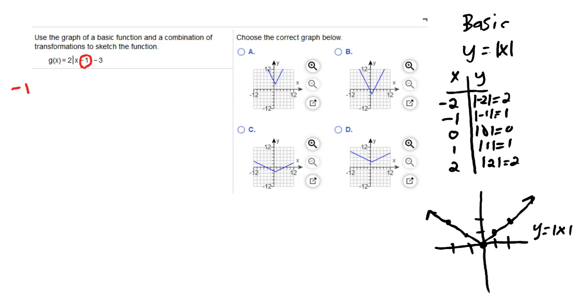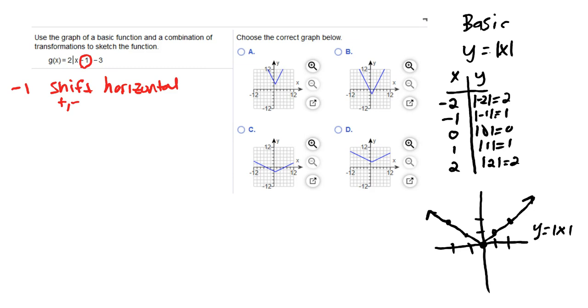Okay, the -1 is, first of all, a shift. I know it's a shift because it has adding and subtracting. Shifting happens when you have adding or subtracting.